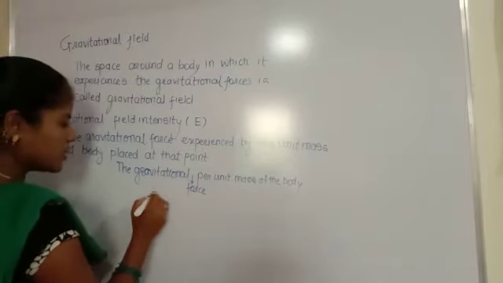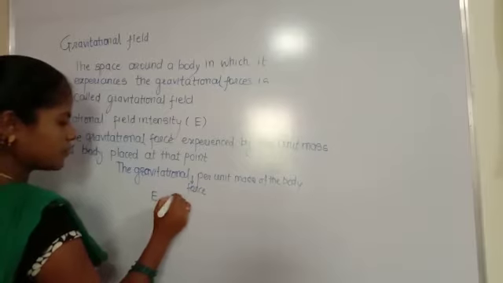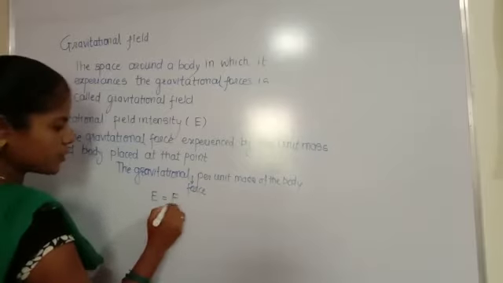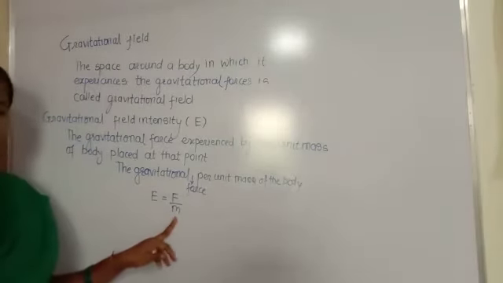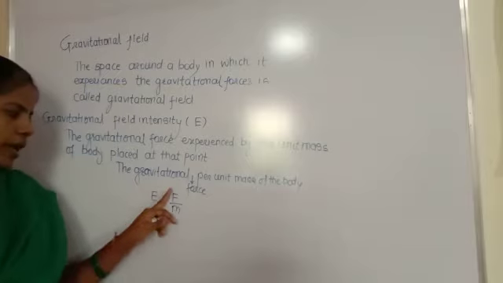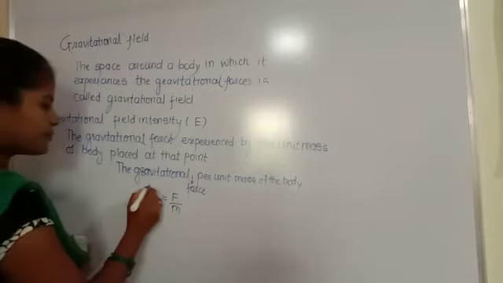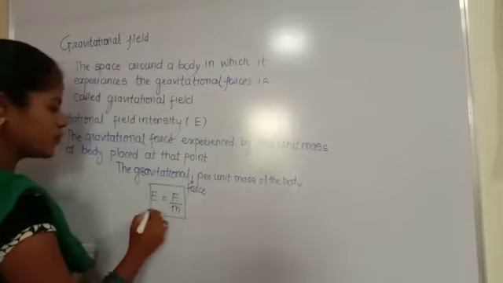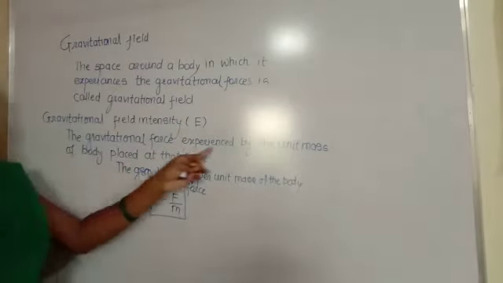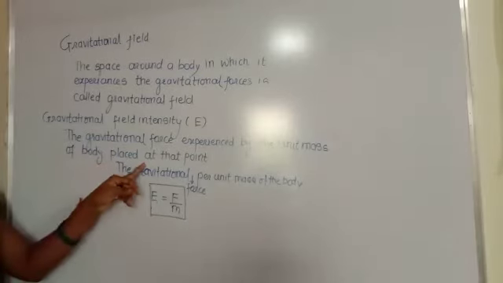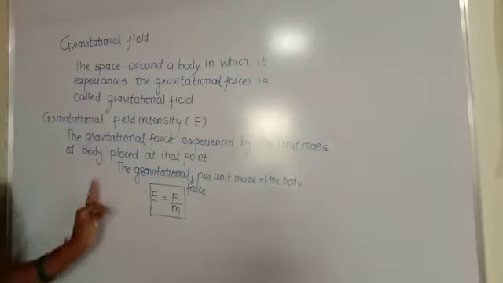If F is the force, the gravitational force per unit mass, and M is the unit mass, therefore E is equal to F by M. So this is the relation between the force and mass. The gravitational force experienced by the unit mass placed at that point is called the gravitational field intensity at that point.